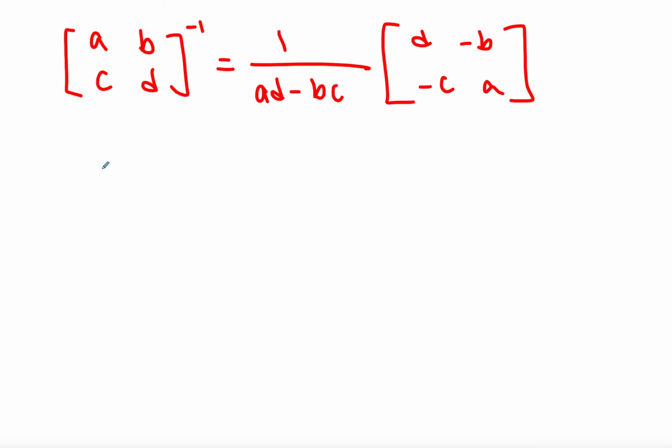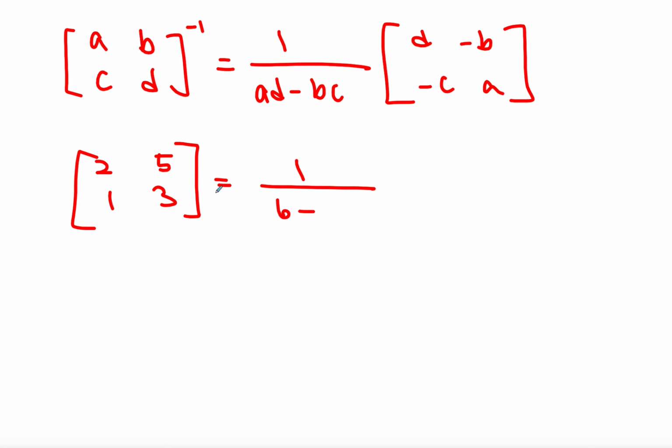So let's see what we end up getting. 2, 5, 1, 3 was our original matrix. AD is 6 minus BC, which is 5. Oh, that's equal to 1. That's a bit easy. Then swap the diagonal ones, which are 3 and 2. The other two have to be negated, -5 and -1.